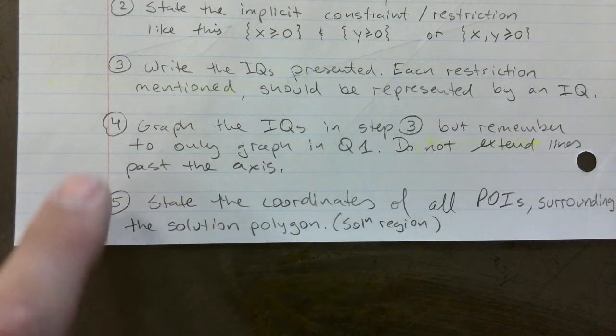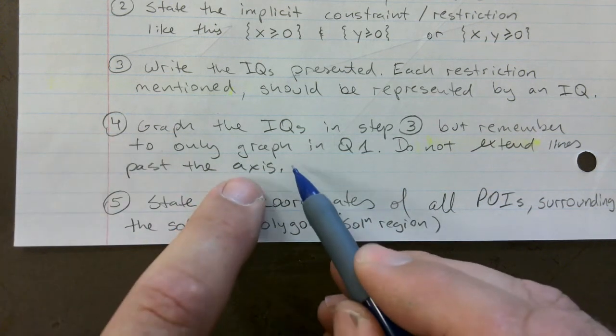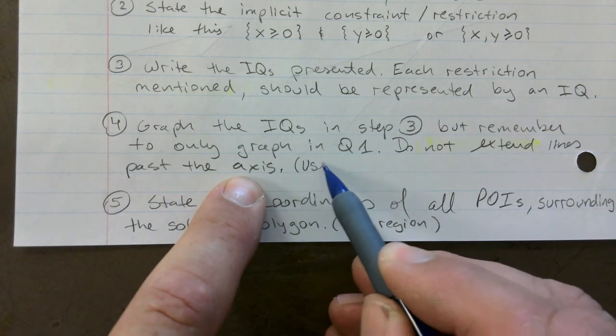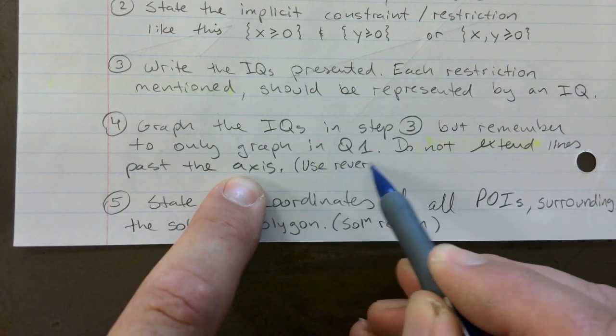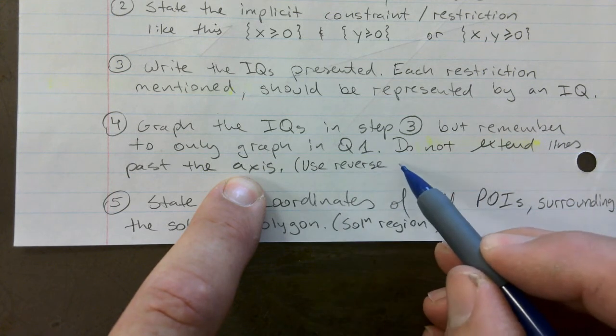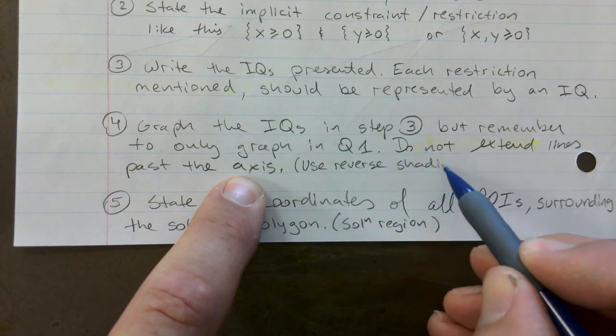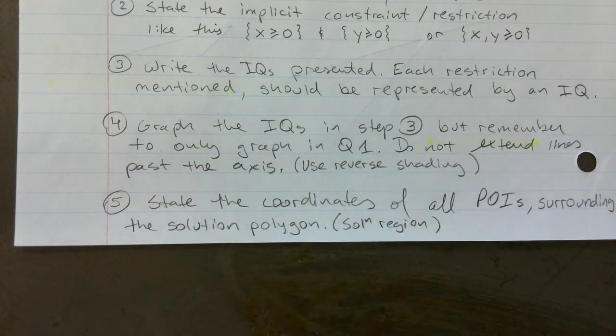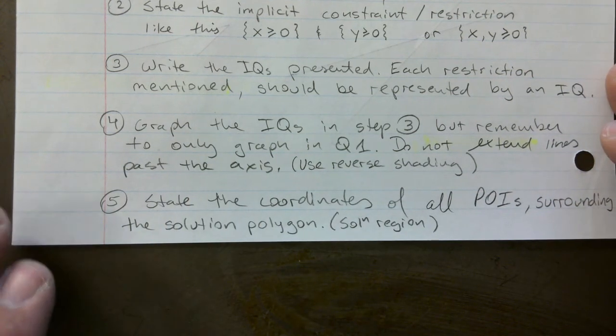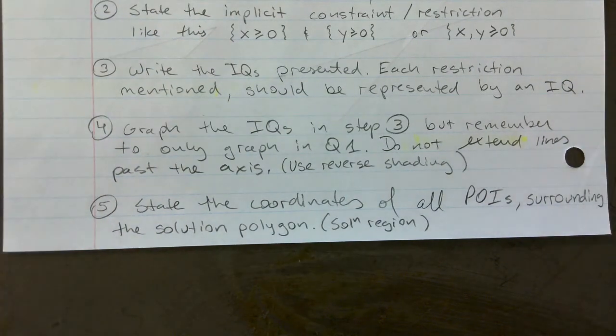I should say go back up to 4, use reverse shading, because it's a system, so I'm assuming you use reverse shading. Most of the time it will be a system, so you want to use reverse shading. So step 5, we're taking care of that. I need to add something to 5 here.